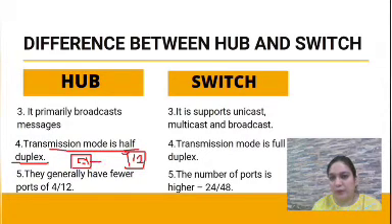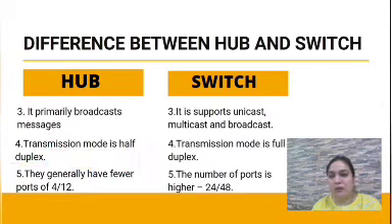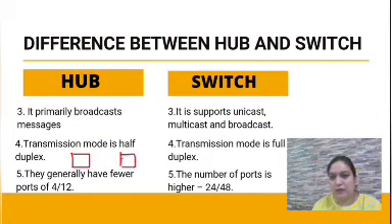When computer 1 sends data, at this time computer 2 is not allowed to send data. Similarly, when computer 2 sends data, at this time computer 1 is not allowed to send data. That is half duplex.